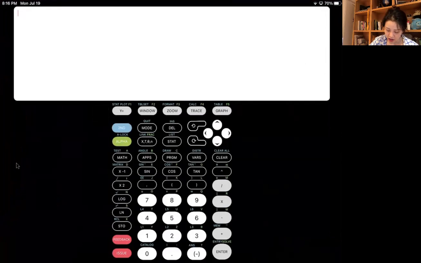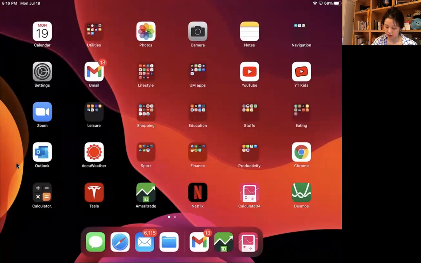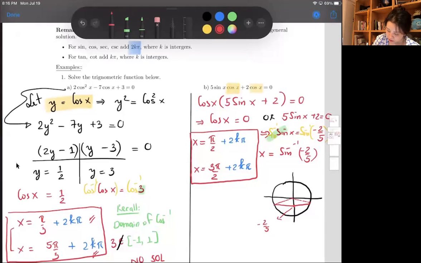So sine inverse of negative 2/5 is roughly negative 0.41. Okay, so that's one of them. And then don't forget to add plus 2k pi. Okay, so that's one of the answers.